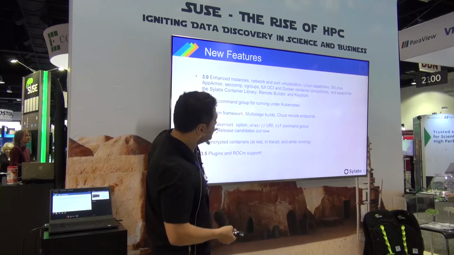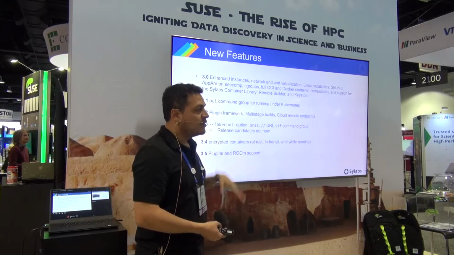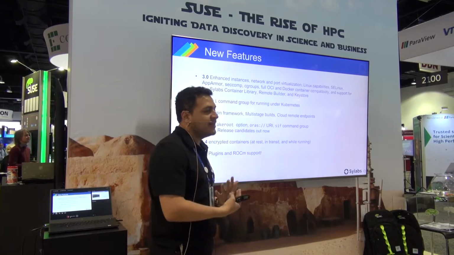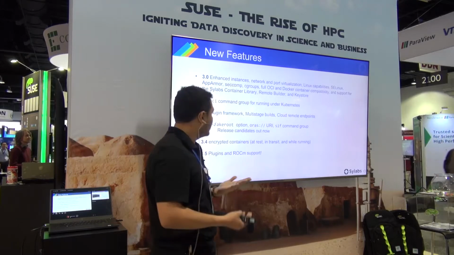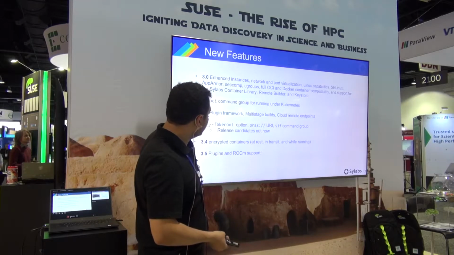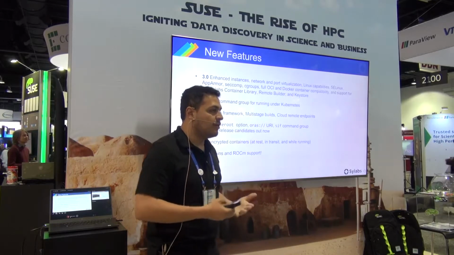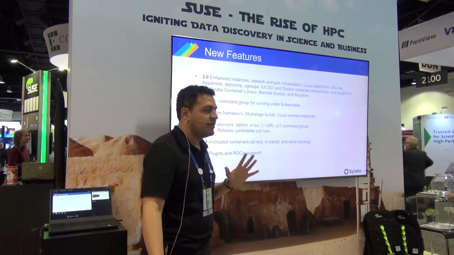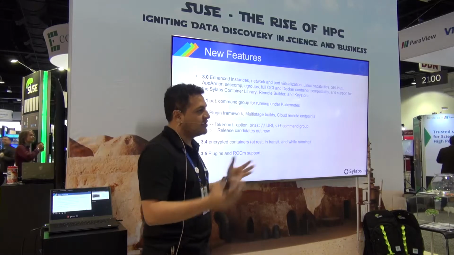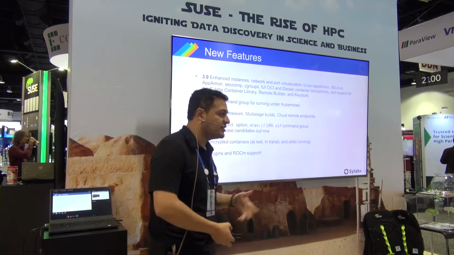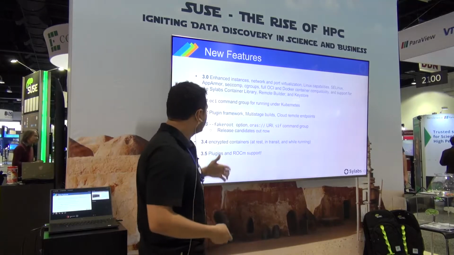So after Singularity 3.1, you can run a full Kubernetes production cluster with Singularity as the container runtime. In 3.2, we brought out the plugin framework and multi-stage build. People were asking for this, having these huge container recipes and being able to pass information from one stage to another, and the cloud remote endpoints. That is what I'm going to be showing now.